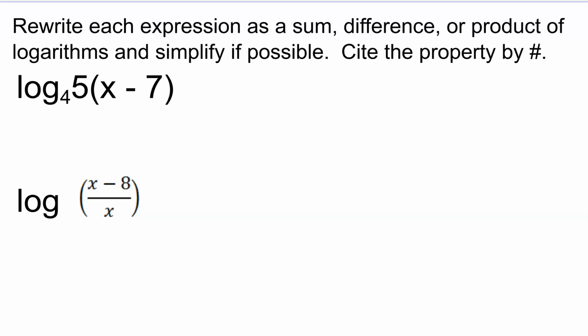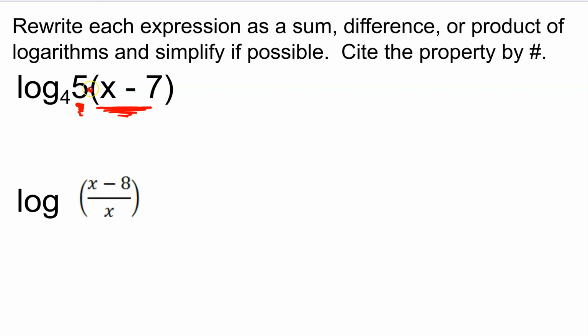Rewrite each expression as a sum, difference, or product of the log, and then cite by the number which one you're using. So this first one here is subtracting. Oops, I'm sorry, not subtracting. That's a very common mistake, what I just made here. It's actually multiplying. It's the log base 4 of 5 times x minus 7.